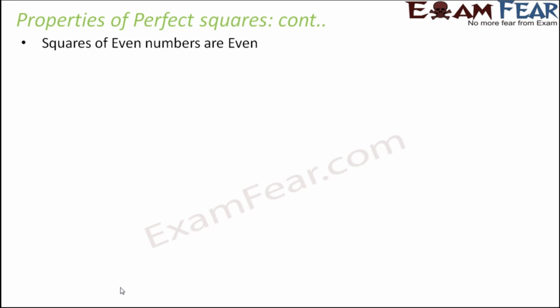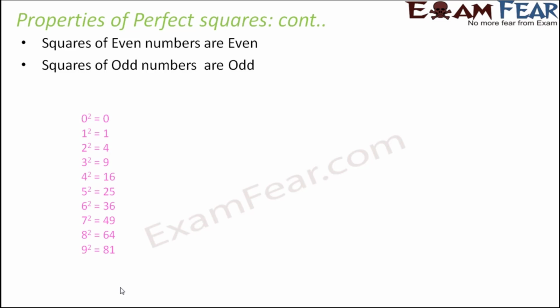Now, another important property: squares of even numbers are even and squares of odd numbers are odd. Yes, this is true. So let's look at the same list once again. When you look at this, you would see that all the odd numbers, 1, 3, 5, 7, 9, are odd numbers. When you look at their squares, 1, 9, 25, 49, 81, these are also odd numbers.